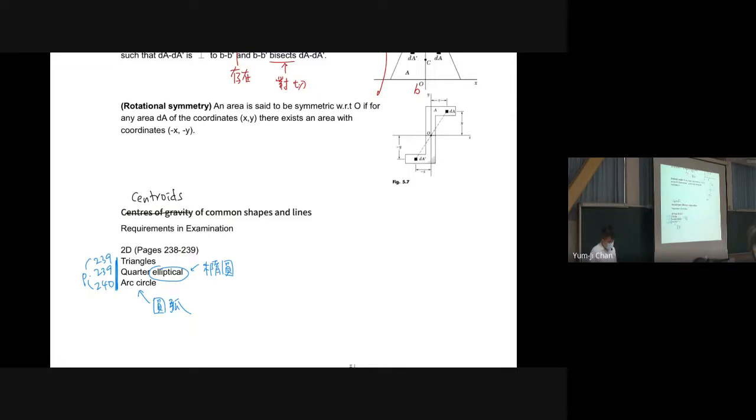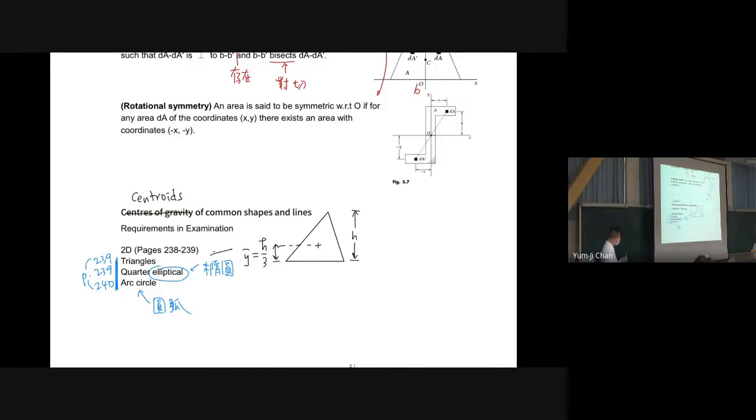These are the 2D problems on page 239 and 240. Now, for triangles, and for height h, the centroid is located at h/3.